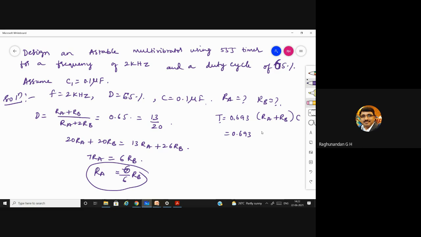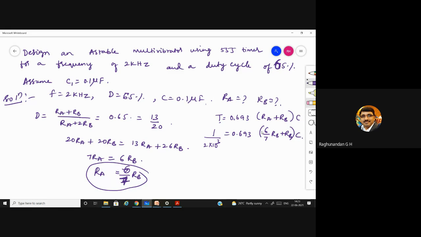RA is equal to 6 by 7 RB, not 7 by 6. So 6 by 7 RB plus RB, into C, and the frequency is 2 kilohertz, 2 into 10 to the power of 3.